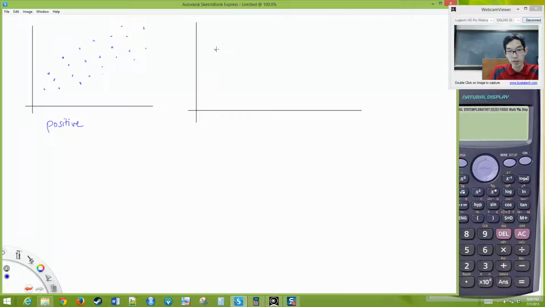And the dots going something like this, this would be negative. What about dots going like this?